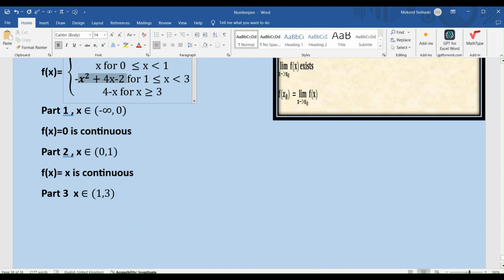We have this function f of x equals minus x squared plus 4x minus 2, right? And this is a polynomial of degree 2. It's a quadratic, and we know that quadratic functions are continuous for x belonging to R, and therefore within this open interval 1 to 3, the function is continuous, right?